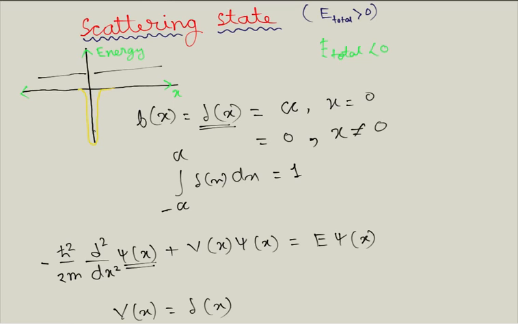In reality, from the description of the delta function, this width actually tends to 0, so we can just neglect this region for now, and the definition of the delta function will come in the discontinuity of the first derivative of psi of x.